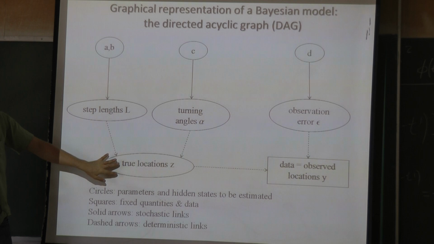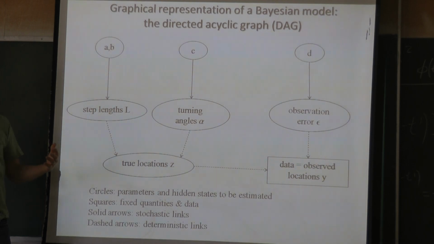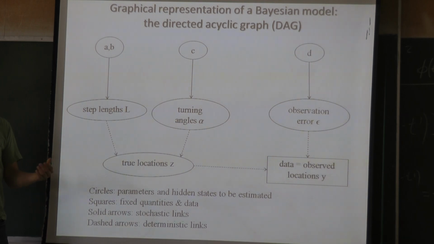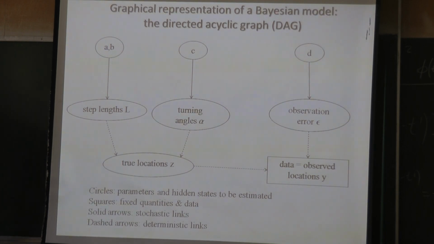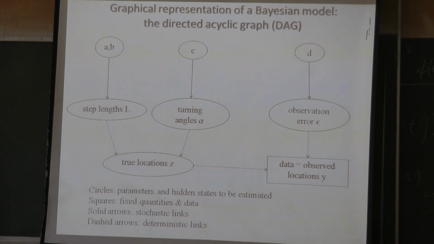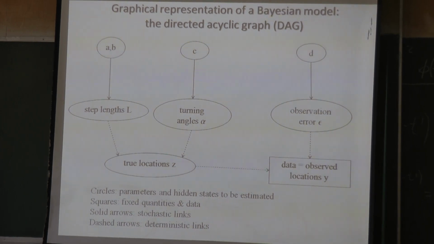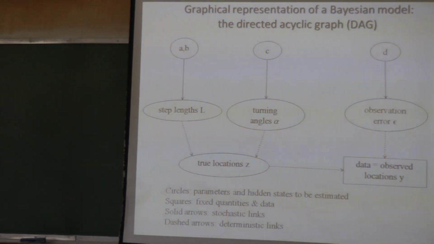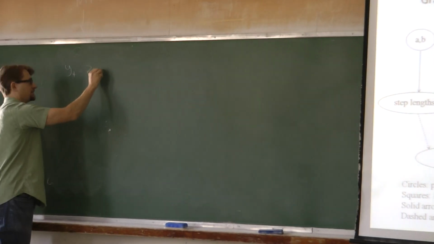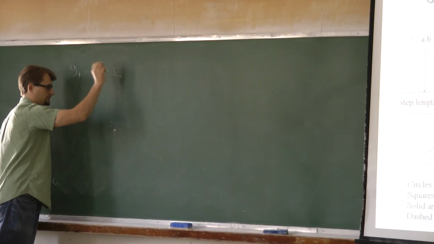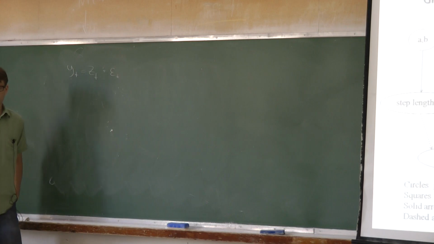Let's assume that we can't observe directly the true locations. This is, for example, GPS data, and we want to account for observation error, location error in the GPS. So in that case, the data that you observe, the observed location at time t, would be the real location at time t plus some observation error at time t.